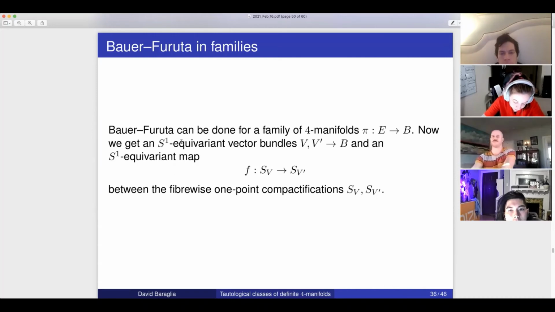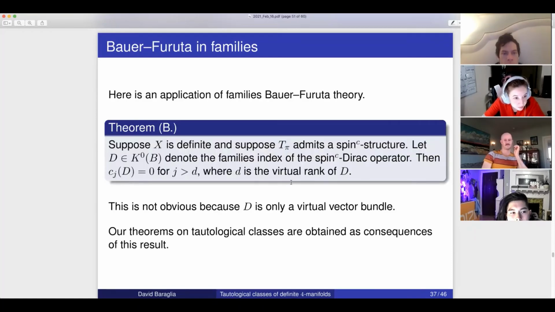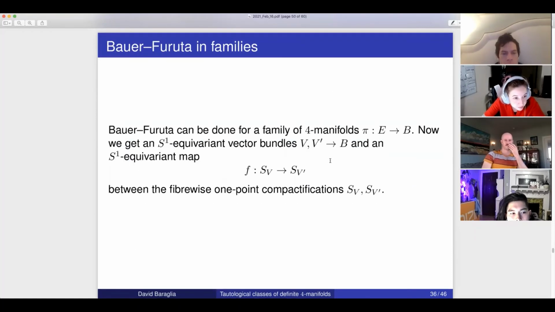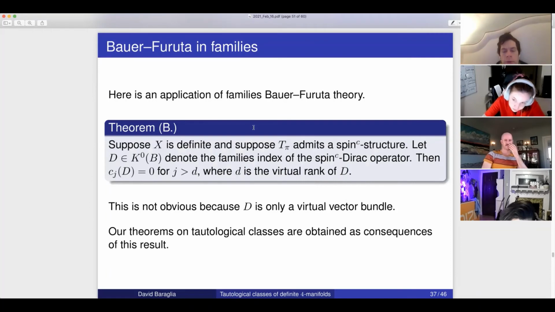So this family's Bauer-Furuta invariant is basically an S1 equivariant homotopy class of maps between sphere bundles over B. And then just purely from homotopy theory, you can get some constraints from the existence of this map.